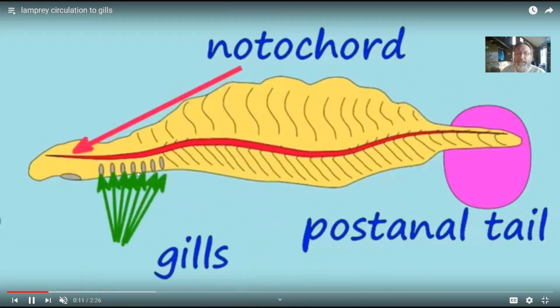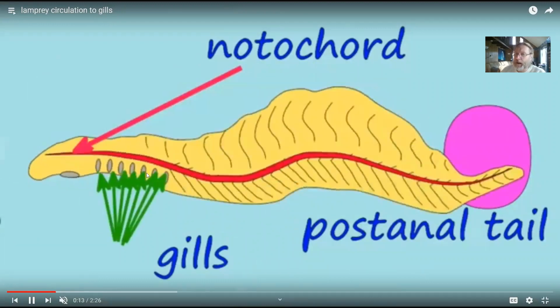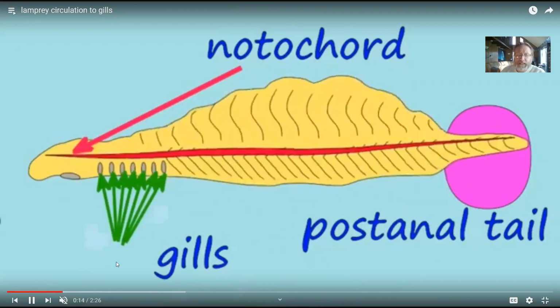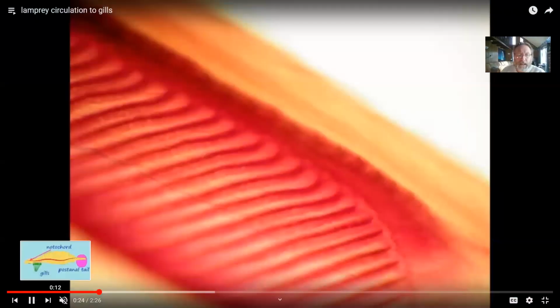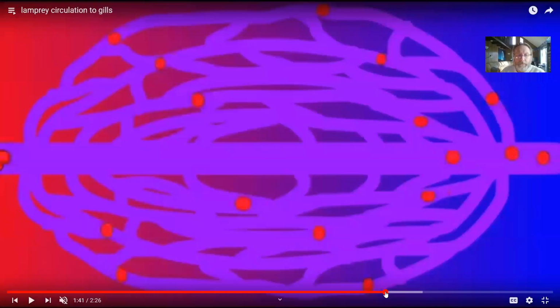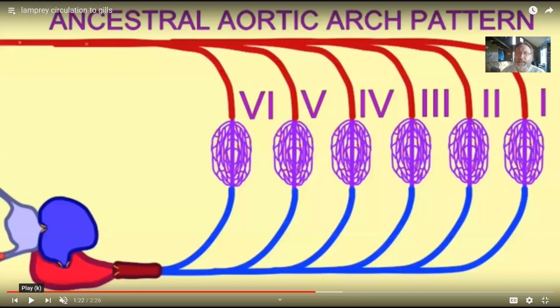Here we see a primitive chordate from the fossil record, similar to the lancelet alive today. Here you see those gill arches in the lancelet. Notice far more than 6. Once again, by the time we're getting to the jawed vertebrates, this number gets reduced to 6.